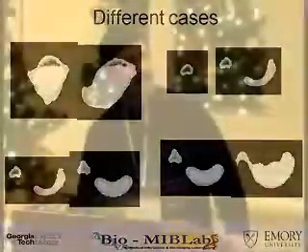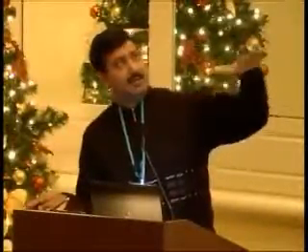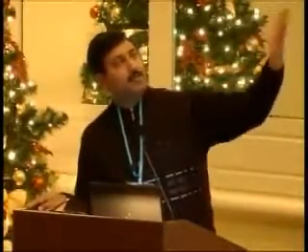Even if you don't consider the visible human model, these are the consecutive slices of the infant stomach shown. There are certain cases. The first case is, in one slice you have one object, in the second slice you have one object, so it is easy to morph between the two.